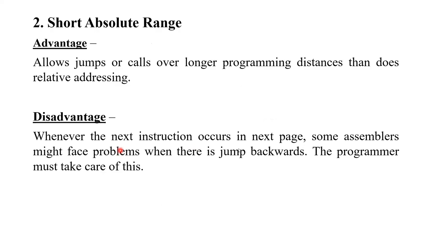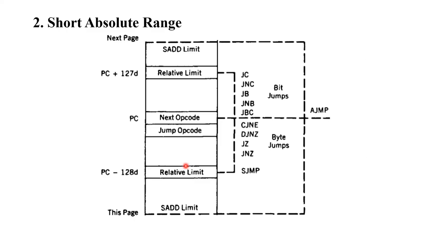Whenever the next instruction occurs in the next page, some assemblers might face problems when there is a jump backwards. The programmer must take care of this. One of the disadvantages with the short absolute range is this: take an example where this is the limit, and the page is something like this, and the jump instruction is at the last address, the last byte of the page.